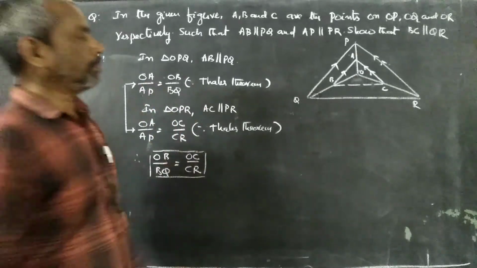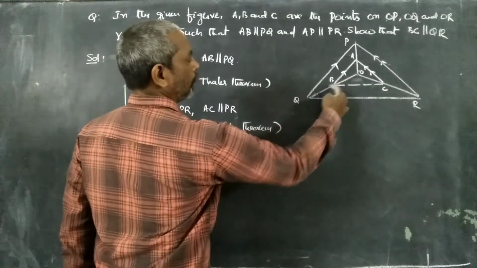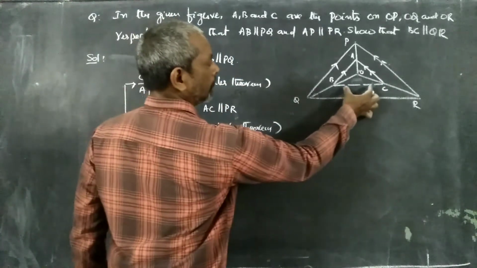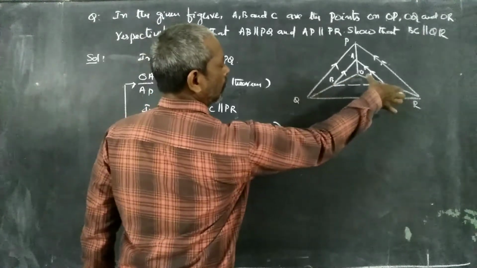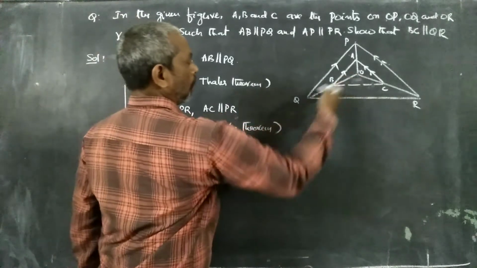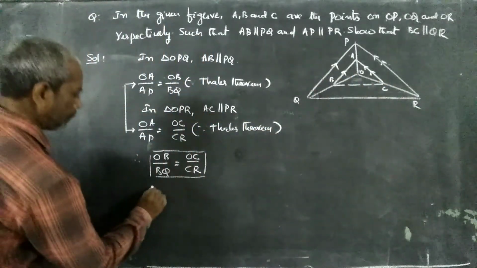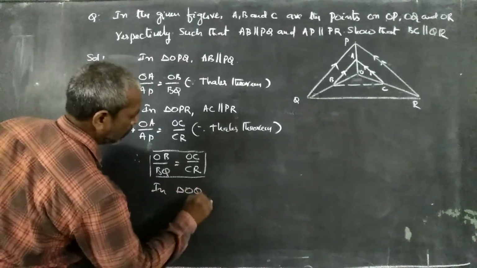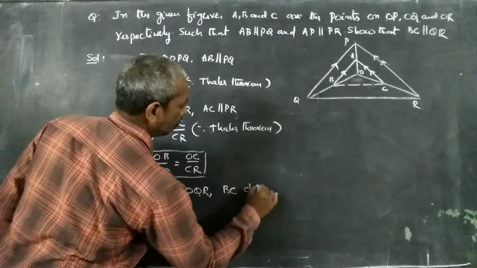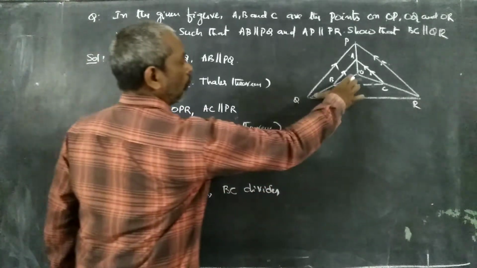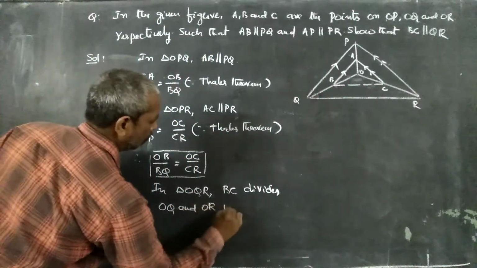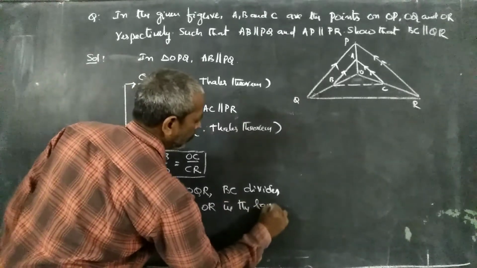Now observe this diagram. OB by BQ is equal to OC by CR. That means BC divides OQ and OR in the same ratio. So in triangle OQR, BC divides OQ and OR in the same ratio.